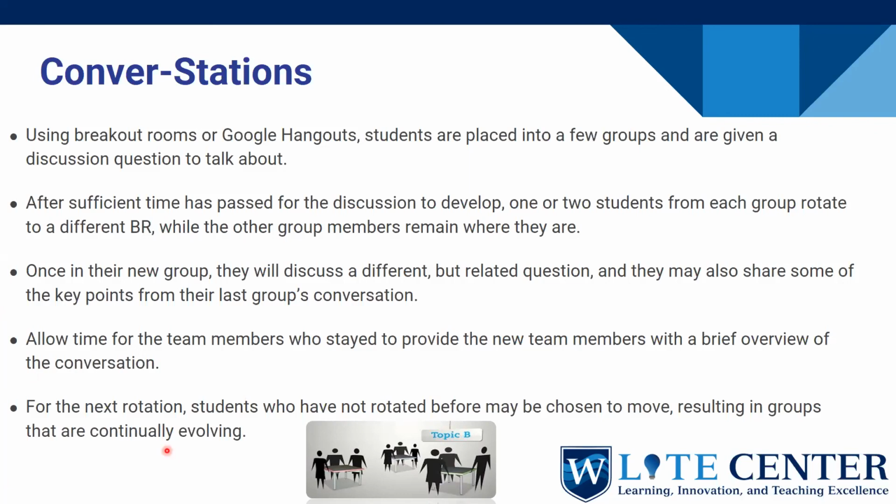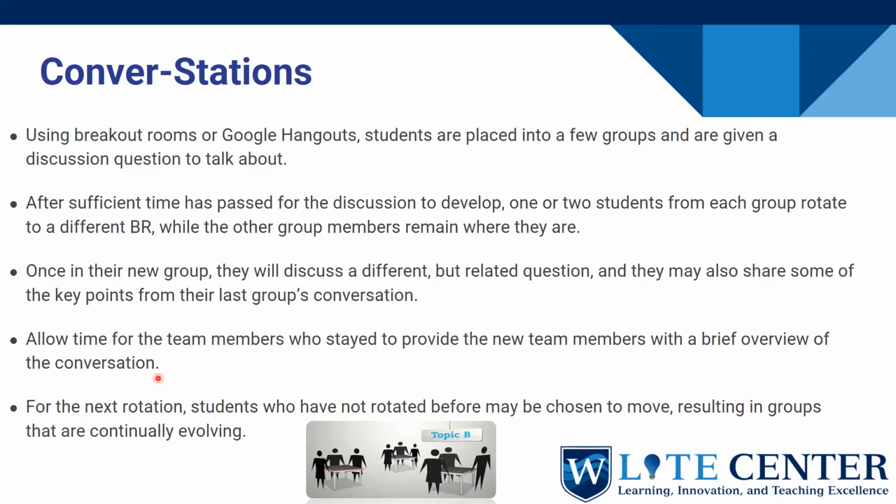For the next rotation, you make sure that you rotate the students who did not rotate before. So you will have groups that are continuously evolving, with always new members. The key here is that the new members share what they talked about in the previous group, and the members that didn't rotate give a brief overview of the conversation.